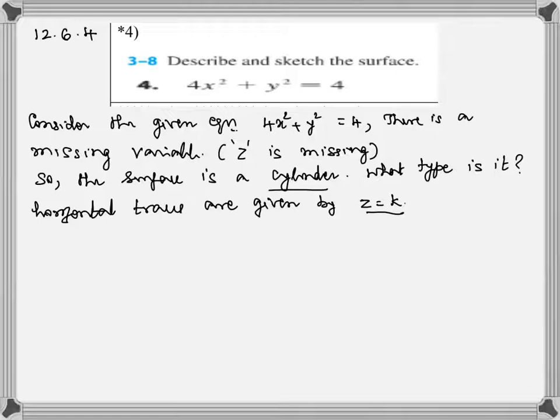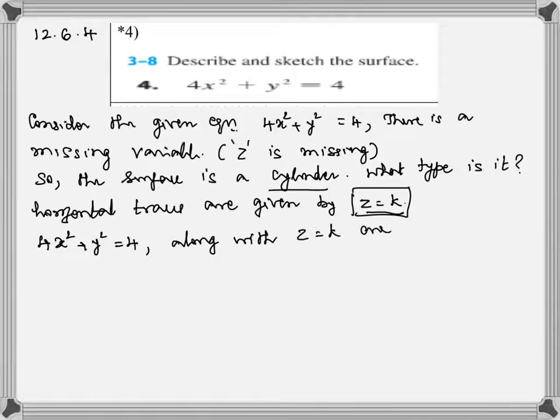So let's assume a generic value for k, and then we will see what happens to the equation 4x² + y² = 4 along with z = k. These are families of ellipses, because we can bring this equation to the standard elliptic form where the right-hand side is 1.